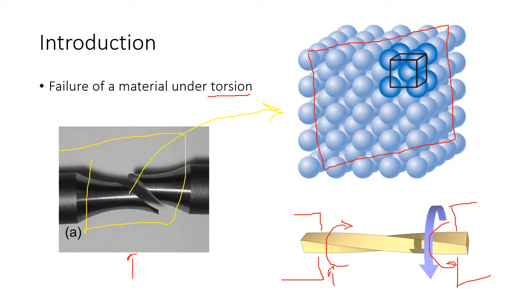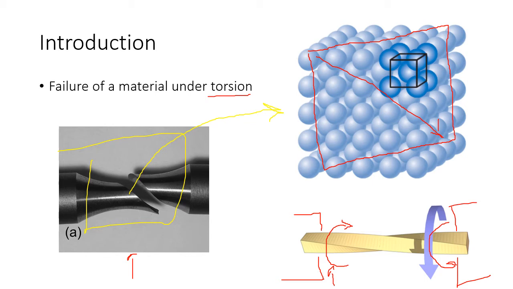We'll see it later on, and this has directly to do with density along that particular plane, or maybe a particular direction inside that plane. That's how the failure surface is generated: the failure occurs along a particular plane inside the crystal structure, and this is due to the density along that particular plane.